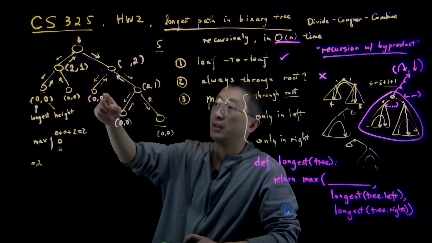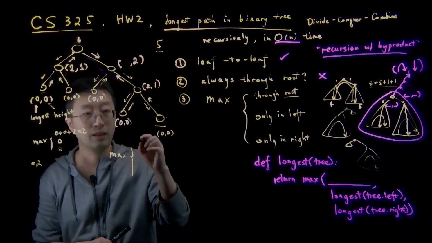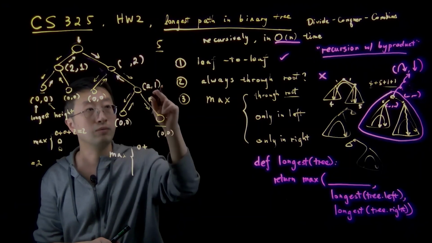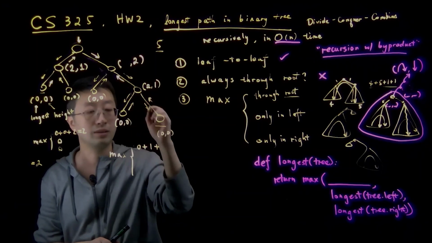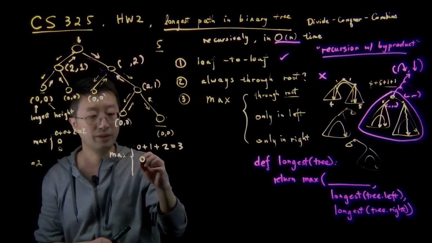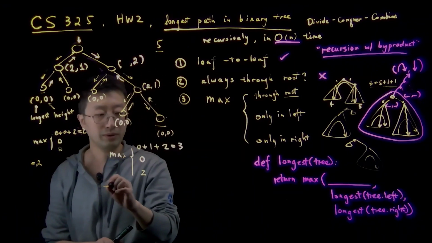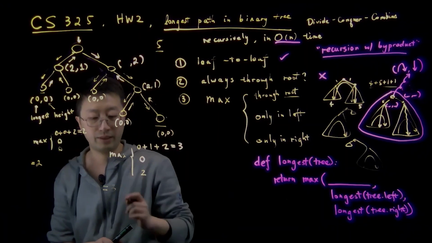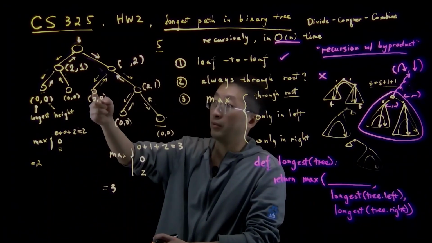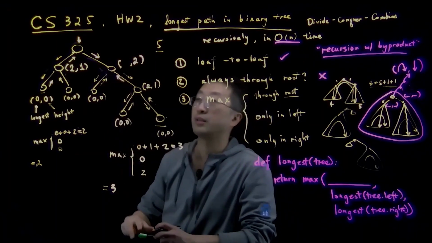So let's write it: max over the height 0 plus the height 1 plus 2, which is 3, or completely within left, or completely within right. That's the 2 here. So this equals 3. And this makes sense because 1, 2, 3 is indeed the longest path within this particular subtree.